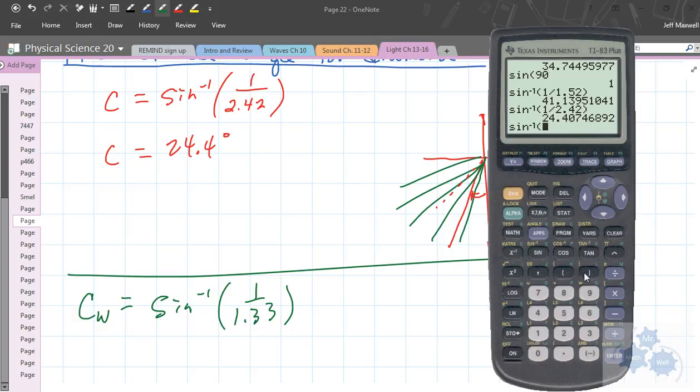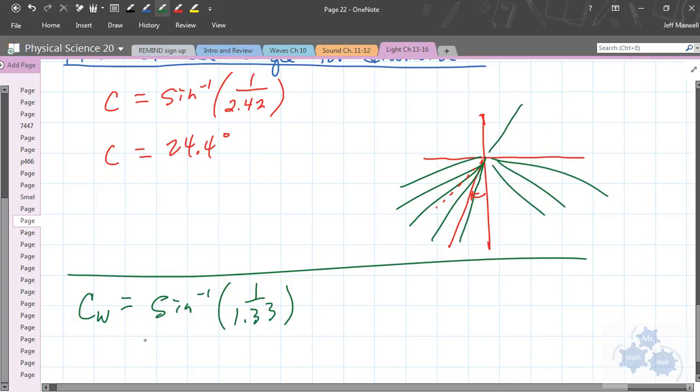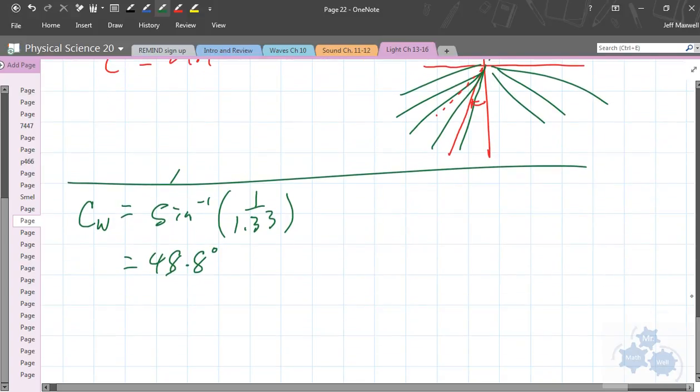So second function sine, 1 divided by 1.33. 48.7 or 48.8, you guys get that? 48.8 degrees. So any light ray in water going out to air that has an angle of incidence greater than this angle is going to be totally internally reflected.